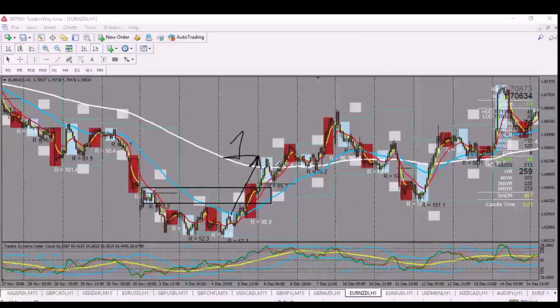Level 1. There's our level 2. And then there's our level 3. And then what we have here, well, what does it look like? An M formation. Look at TDI, M formation. Okay. That's 1, W, A2.